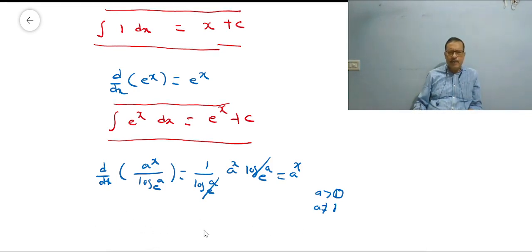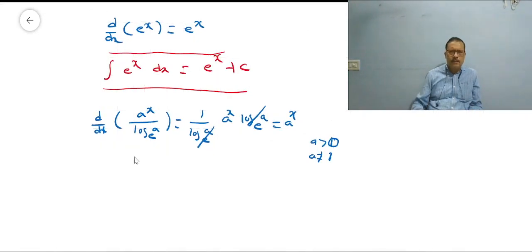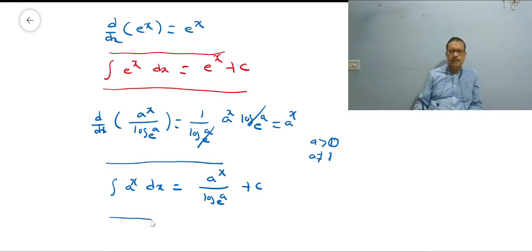So integrating a power x, what will we get? The integral of a power x dx is equal to a power x by log a base e plus constant.